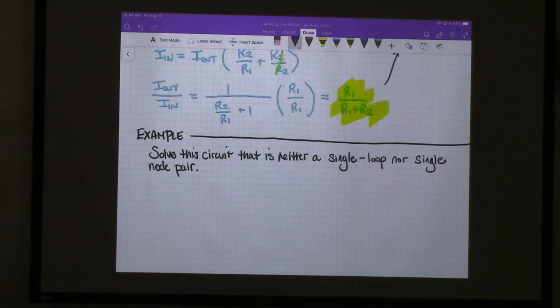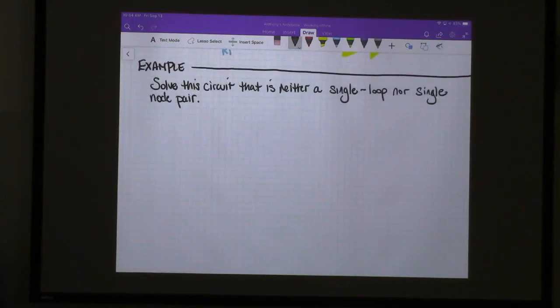So now we're going to move on to a different type of problem. We're going to solve a circuit that is neither a single loop nor a single node pair. We're going to learn lots of strategies. This is really the recurring problem in this course: solve this circuit, give me the voltages and the currents.